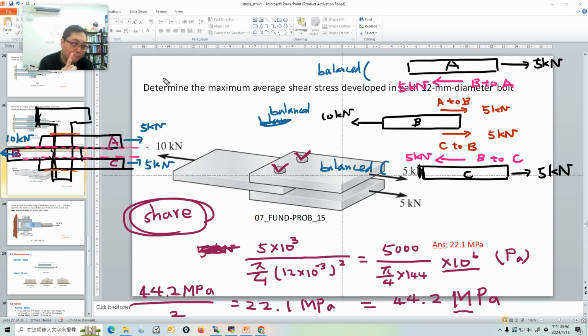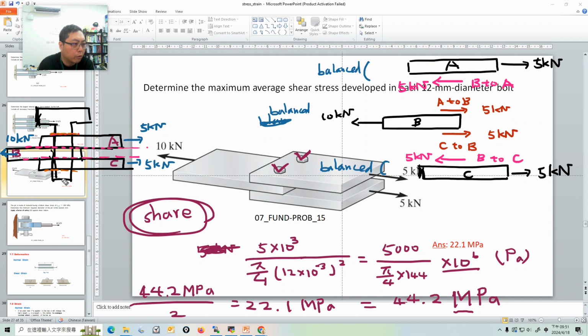This analysis is only for one bolt, but we have another bolt to help share the force. You can think of it another way: we have double the area.